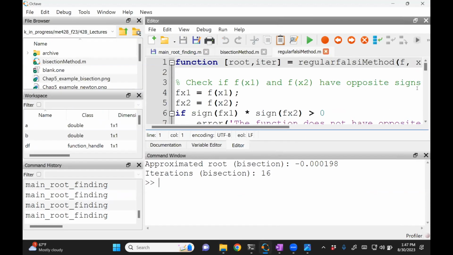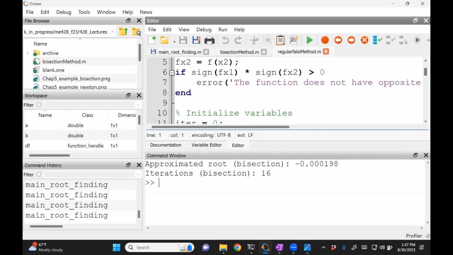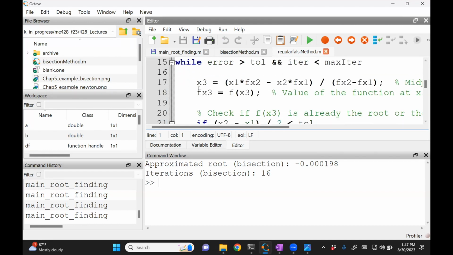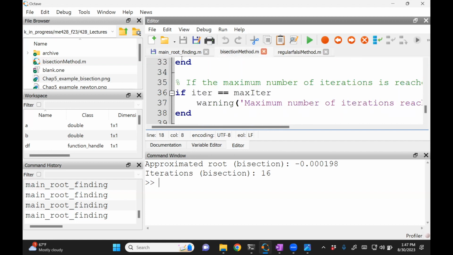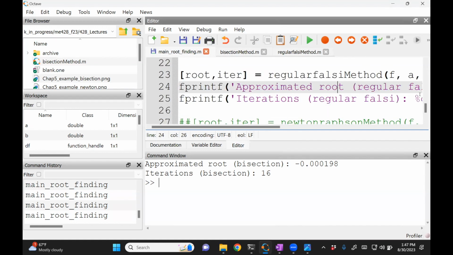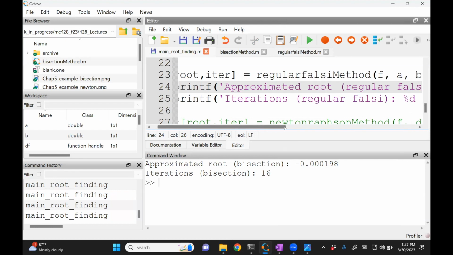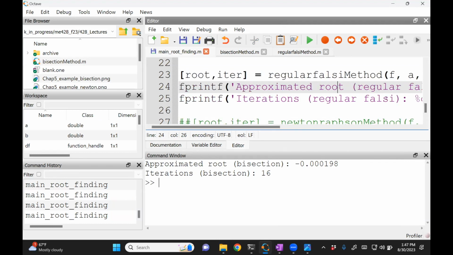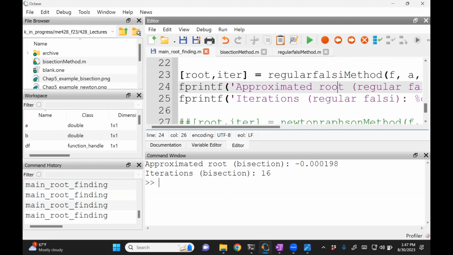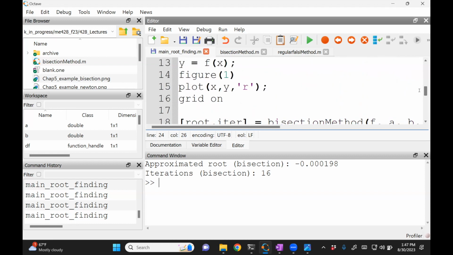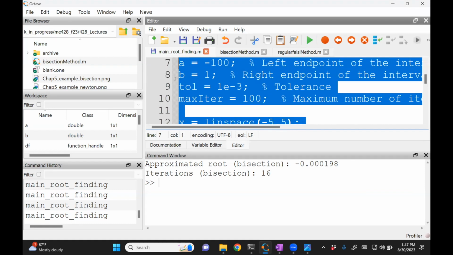Okay, the only difference between bisection and this one is that it uses this update rule, which I just wrote down. That's all. Okay, now what remains for us to do is to actually explore how these solutions compare. So I have uncommented regular-falsi, and I have uncommented bisection. So it'll run both of them. And maybe I can just comment out the part where it draws the plot.